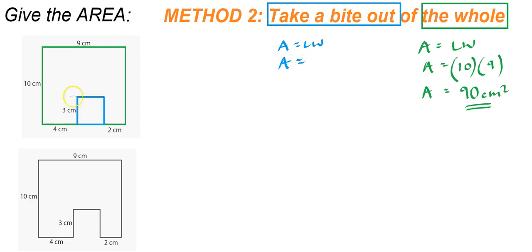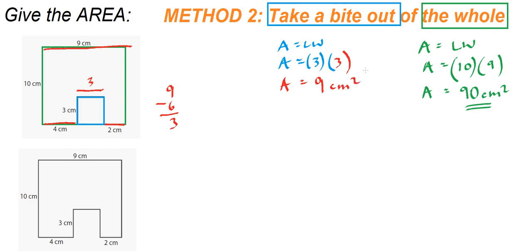Length is 3, that's given to us, and the width is from here to here. We know that from here to here is 4, from here to here is 2, and the whole length is 9. 4 plus 2 is 6, 9 minus 6 is 3, so that's also a 3. So that's actually a square. 3 times 3 is 9 centimeters squared.